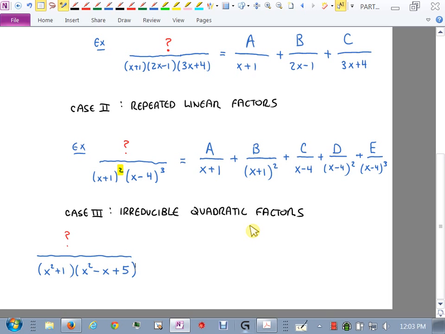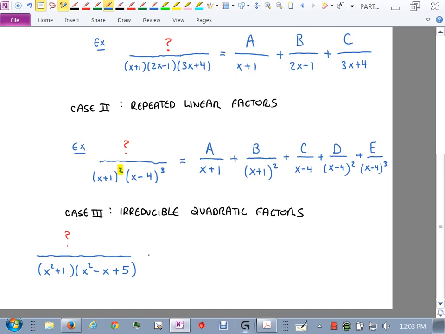And this one, you could check the discriminant would be negative. You remember, the b squared minus 4ac is the thing under the root in the quadratic formula. If you look at what b squared minus 4ac is here, it's negative, which means this doesn't factor. So that's irreducible, and that means that we can't break it into linear factors.